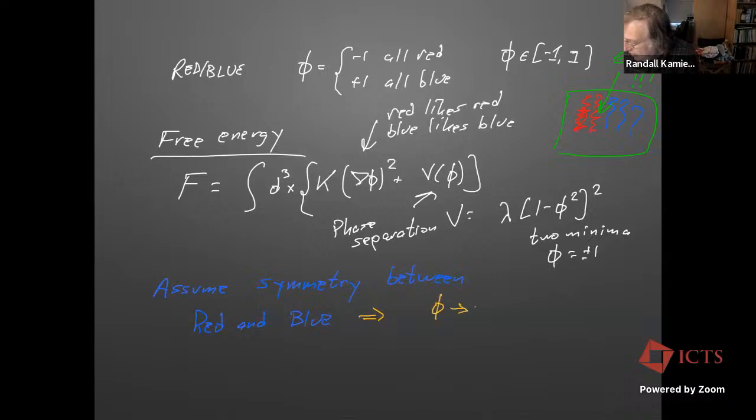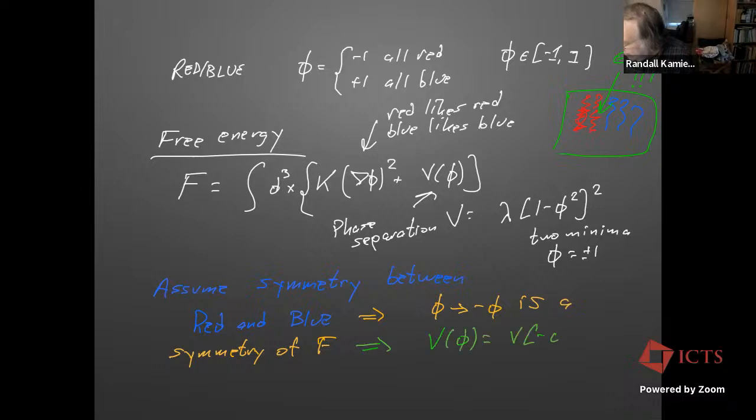Phi goes to minus phi is a symmetry of F. So if you took all the red region and replaced it with all blue and vice versa, you would get the same thing back. So let's just think about that. For this to be true, this implies that V of phi is V of minus phi.